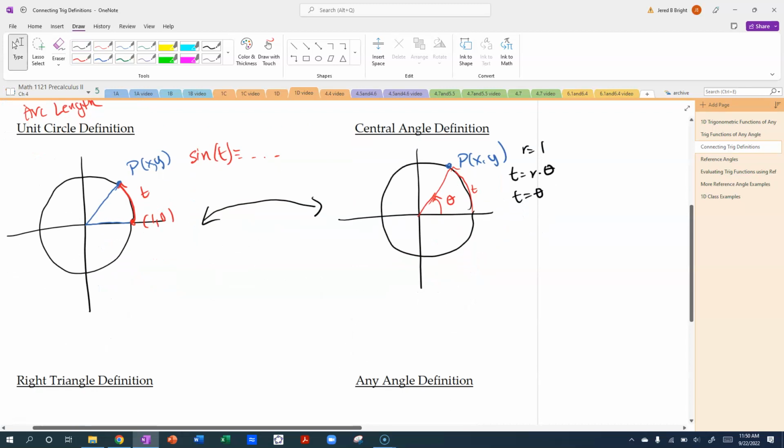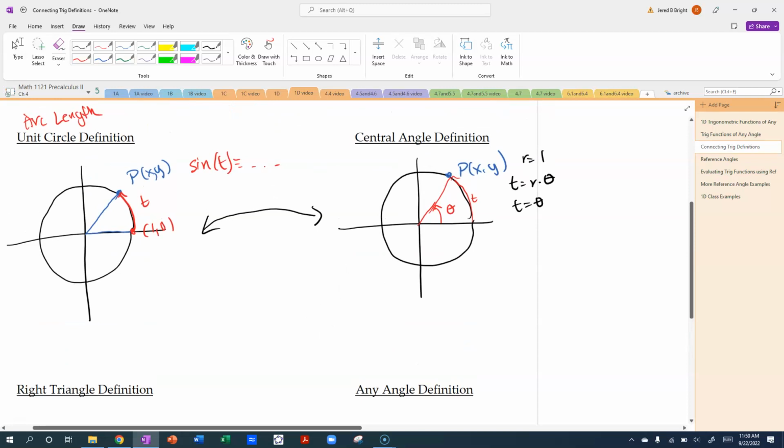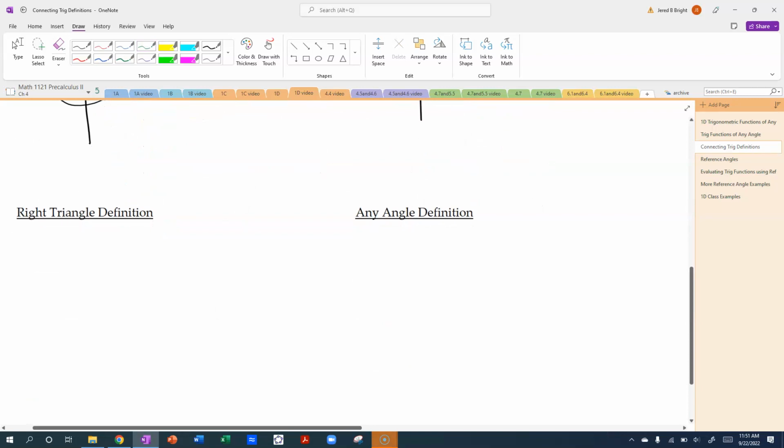Later on, we then introduced the idea of a right triangle. And so to get there, what we ended up doing is saying, okay, well, imagine we dropped an altitude. With this altitude dropped, I'll redraw this picture down here.